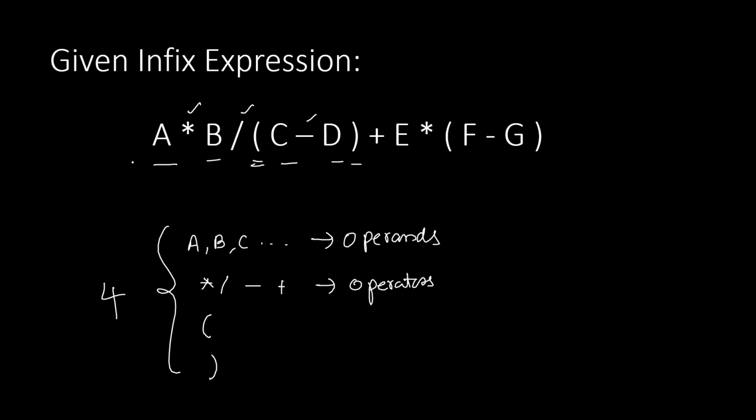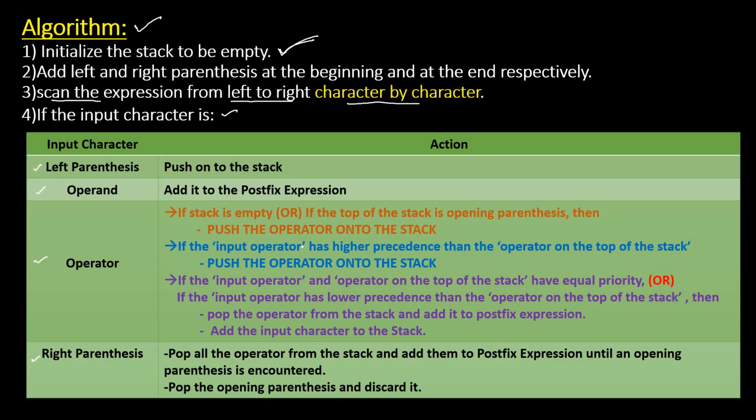Now while scanning from left to right, you may encounter an operand, and next you may encounter an operator, next you may encounter a left parenthesis. So based on the character or based on the symbol, what we have to do is given in the algorithm. Here I have given clearly, whenever you get a left parenthesis, what we have to do.